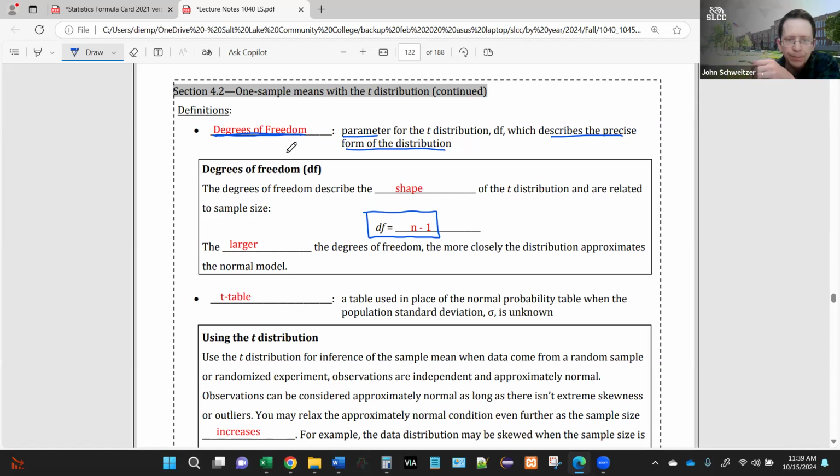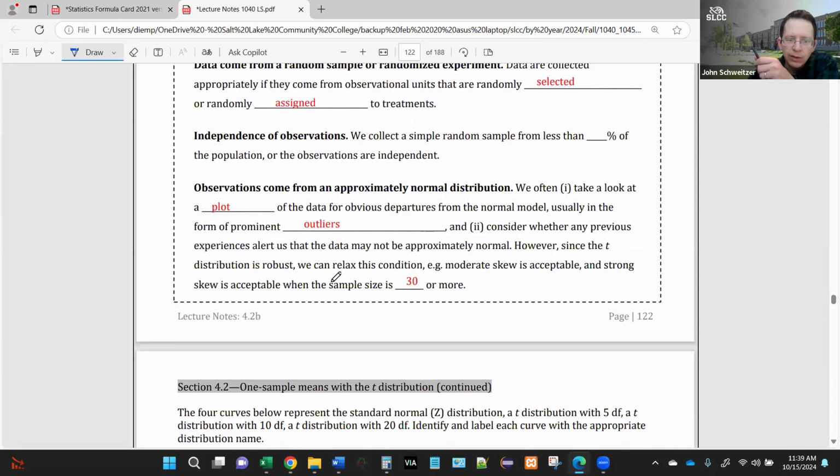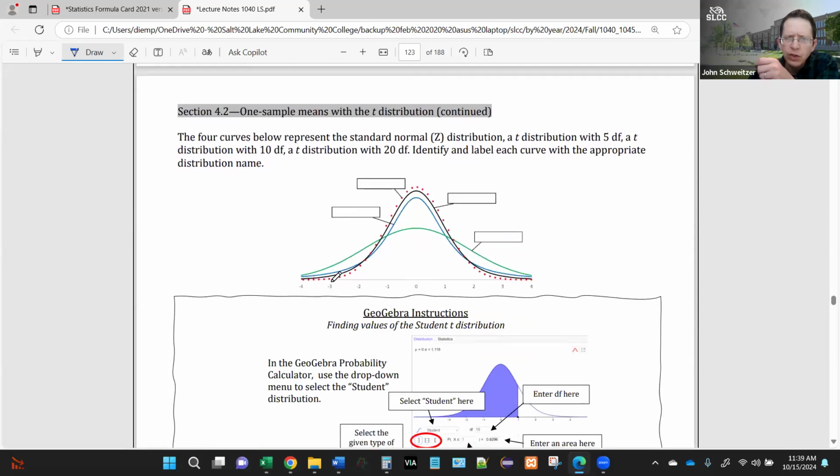As the sample size increases, S as an estimate for sigma improves, and the t distribution becomes more and more like a normal distribution. The normal distribution doesn't change for each sample size, but the t distribution does.